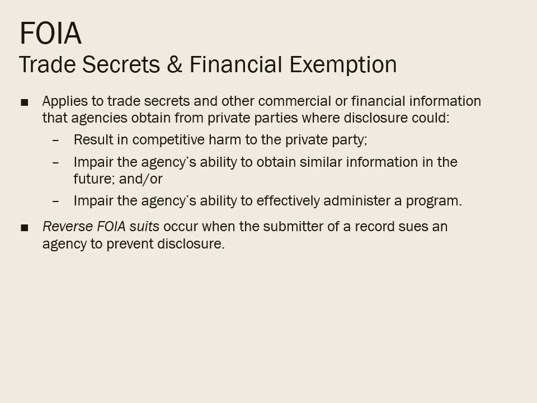There are some times when agencies decide that they are going to go ahead and disclose company trade secrets or confidential or financial data. And when that happens, the owner of the information, typically a company, sues the agency to prevent it from disclosing. And that is what we call a reverse FOIA suit. So if it is successful, a court will just quash the agency's disclosure, and that information is going to remain confidential.